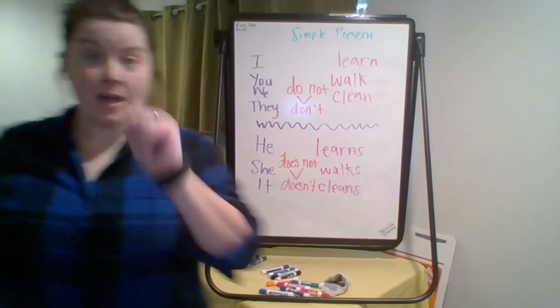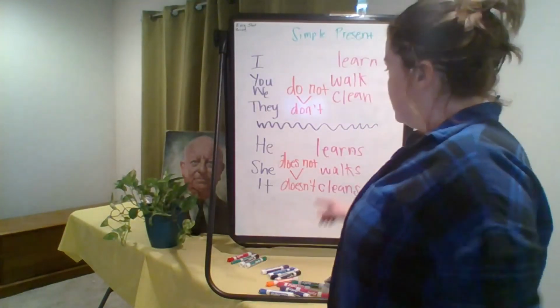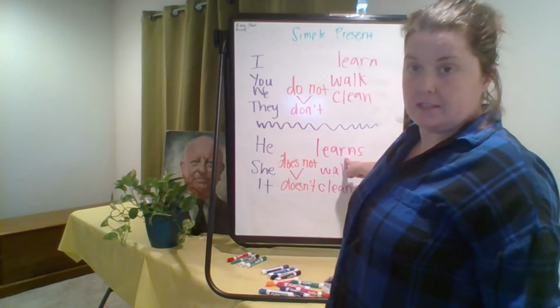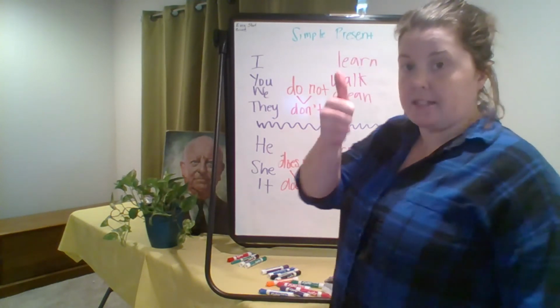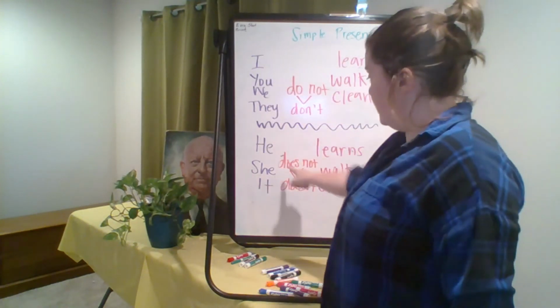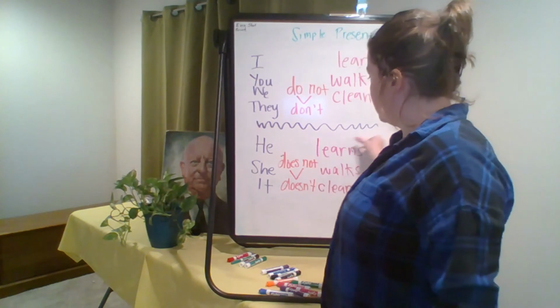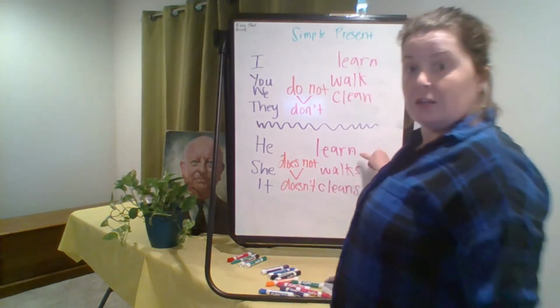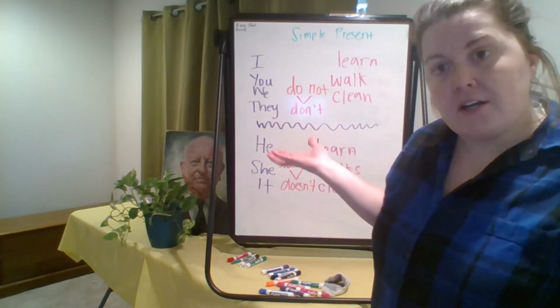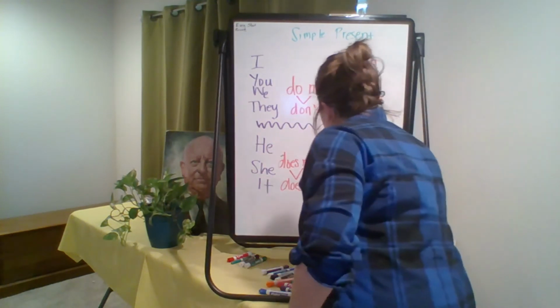Okay, now here's the tricky part. So he learns, right? He learns is the positive. Yes, he learns. The negative would be he does not learn. No S on learn. Why? Why no S on learn? Let me show you.